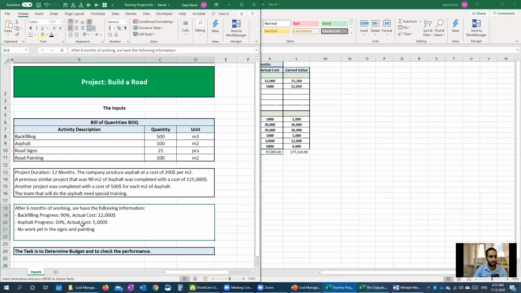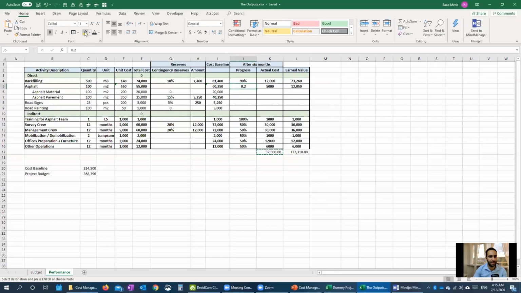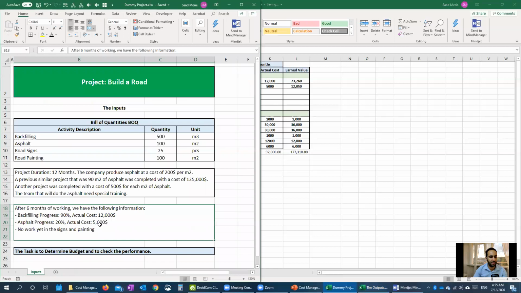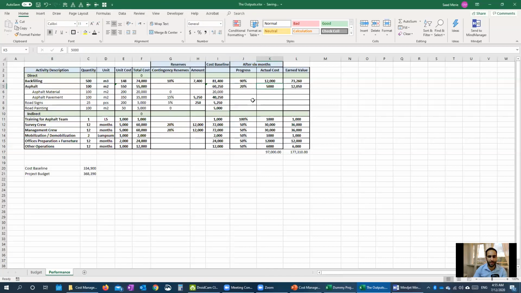Let's check the inputs. We spent 20%. We spent 5,000 and the progress was 20%. Okay. $73,000. We finished here. It looks like the numbers are showing a very high earned value comparing to the actual cost because we put 90%.